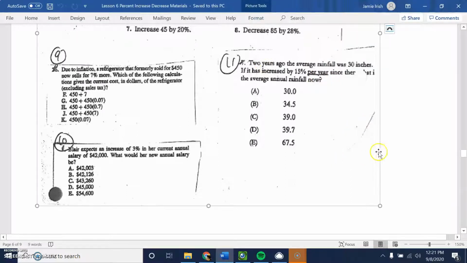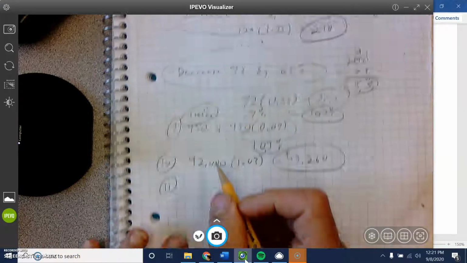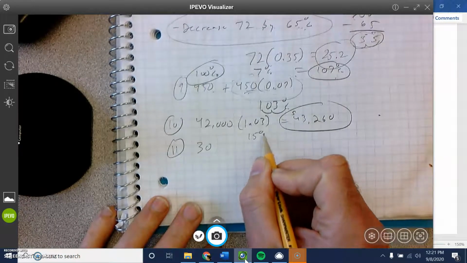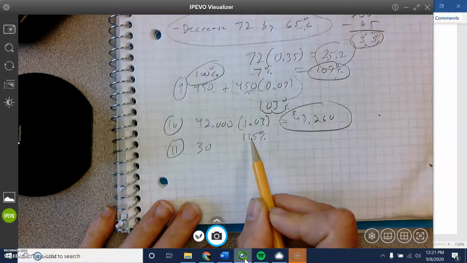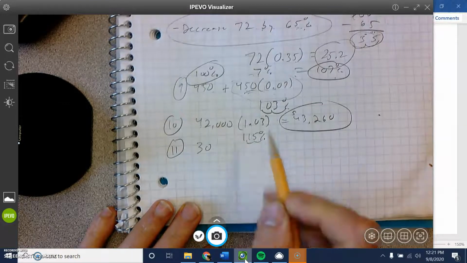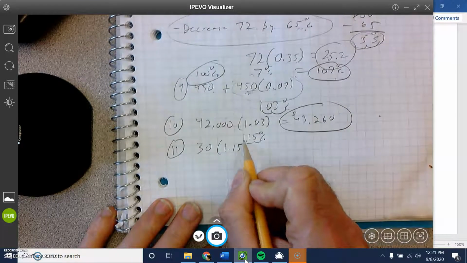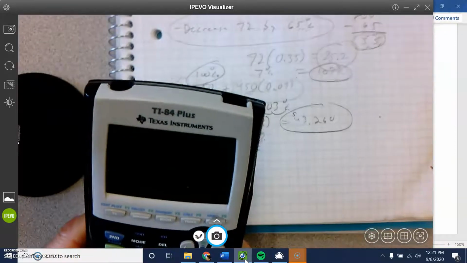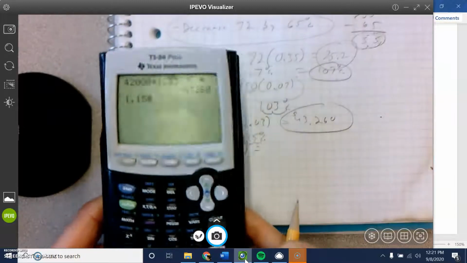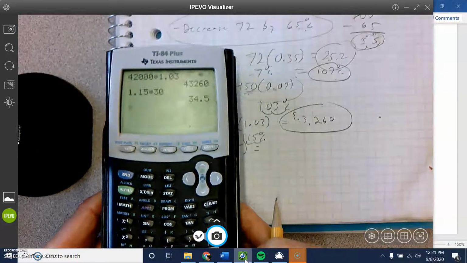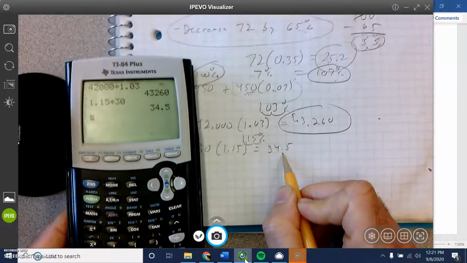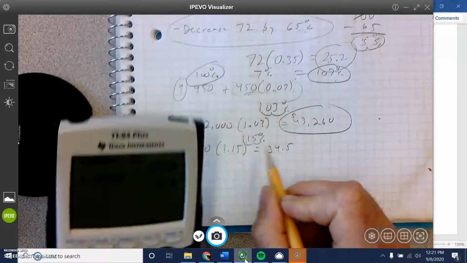Oh my goodness. All right, so let's see. Let's go to my page of work. So it's 30, and now it's going to increase 15% per year for 2 years. So for the first year, I'm just going to multiply by 1.15. So I'm going to get 1.15 times 30. When you multiply, it doesn't matter the order, and you get 34.5. Some might think that's the answer, but that is not. You need to keep going because that's per year.